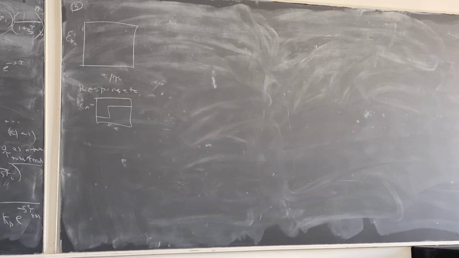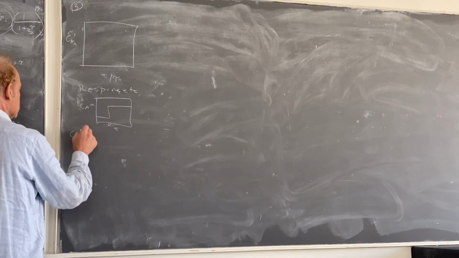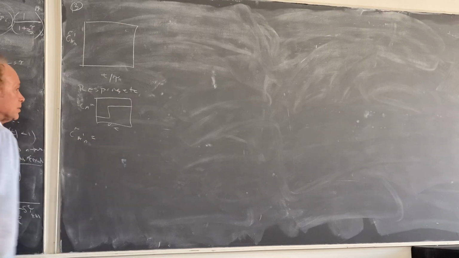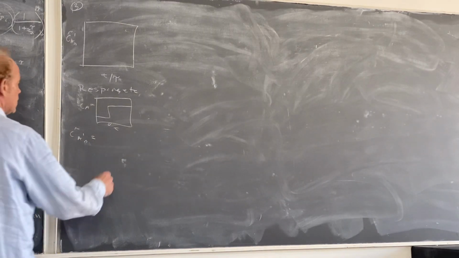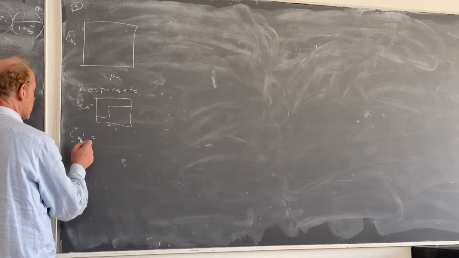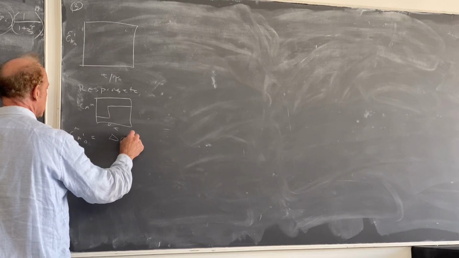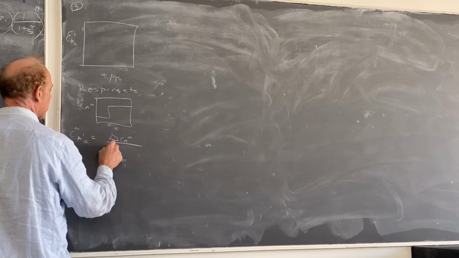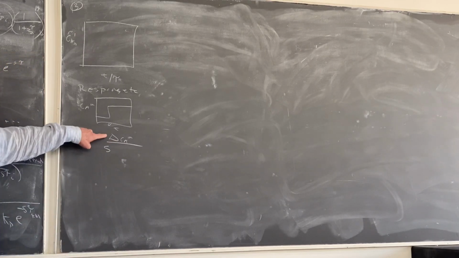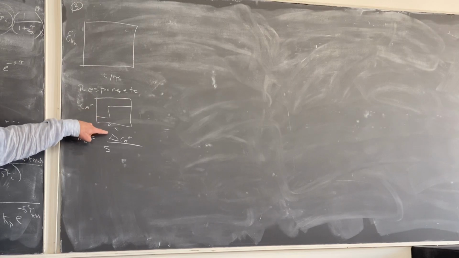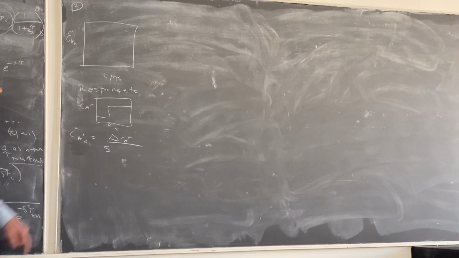Now remember, C_A,n prime tilde over C_A,in prime is equal to, for a step, delta C_A,in divided by s, because the Laplace transform of the step function is delta C_A,in over s.